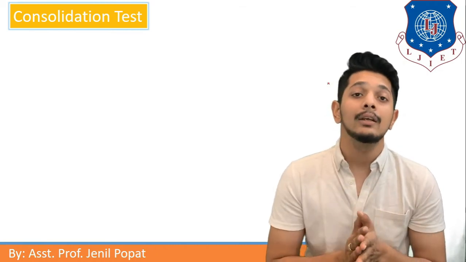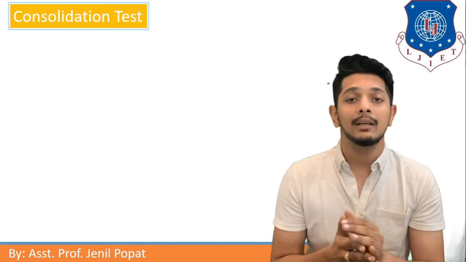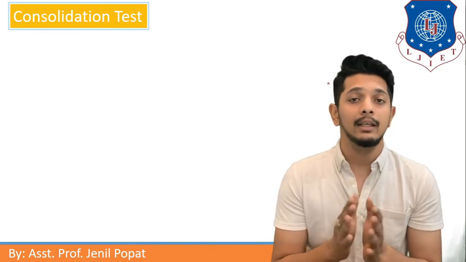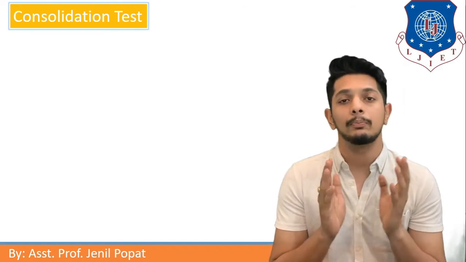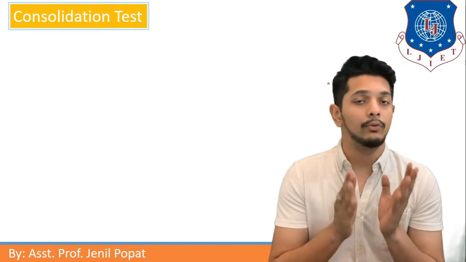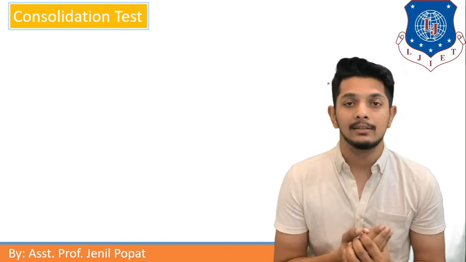After swelling and completion of that cycle, the soil will be taken out, and then a few things will be found out, like coefficient of permeability, coefficient of consolidation, coefficient of volume change, etc.